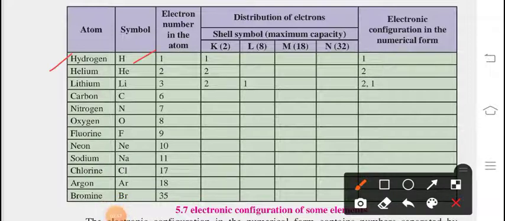The symbol of hydrogen is capital H. Electron number in the atom is 1, so the electronic configuration will be 1 only.